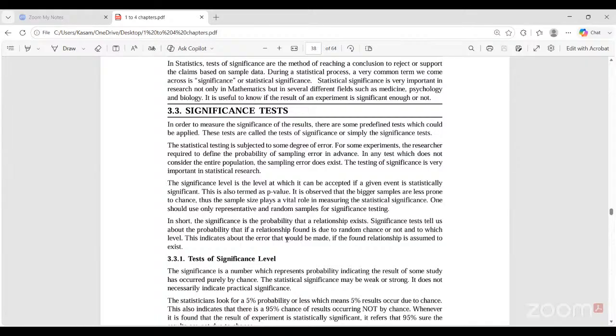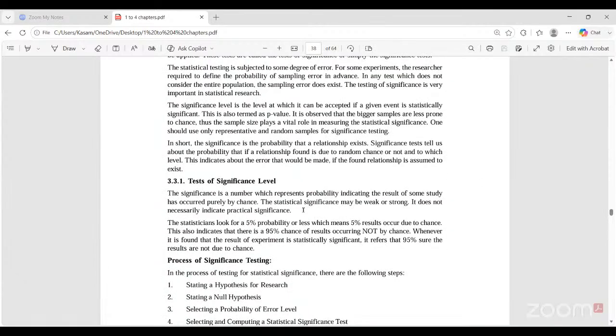In short, significance is the probability that a relationship exists, or whether the relationship found is due to random chance.